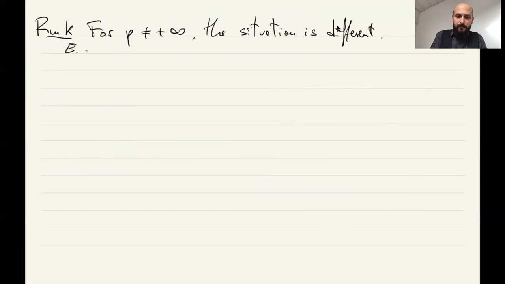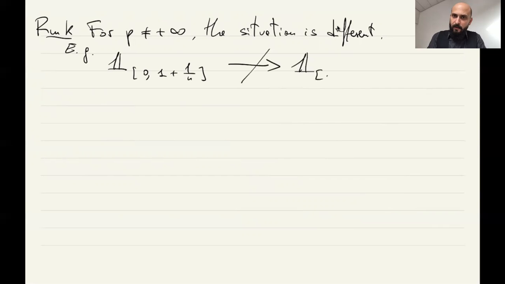For example, if you consider the characteristic function of the interval 0, 1 plus 1 over n, this does not converge to the characteristic function of 0, 1 in L infinity.